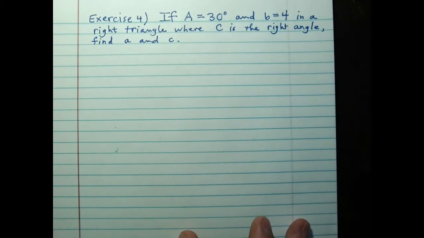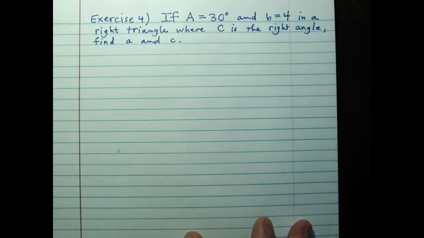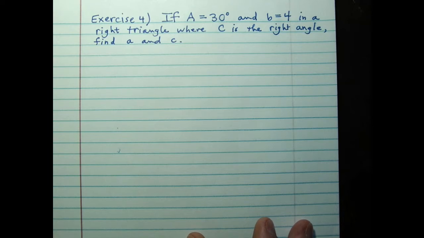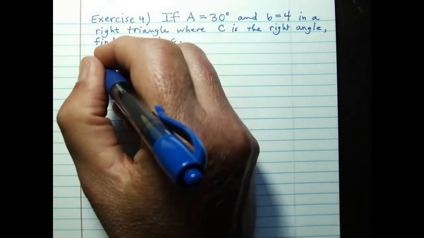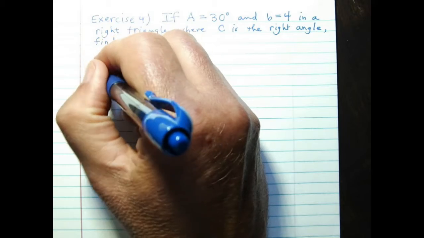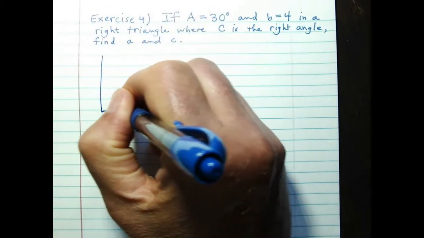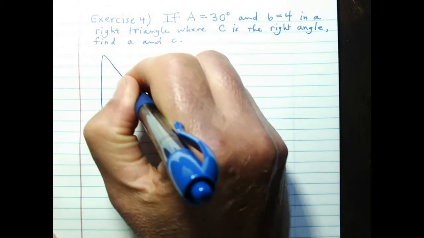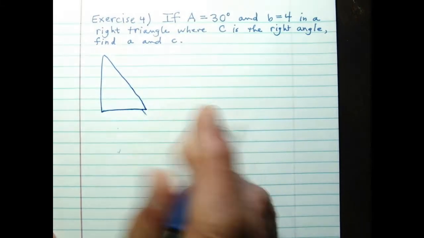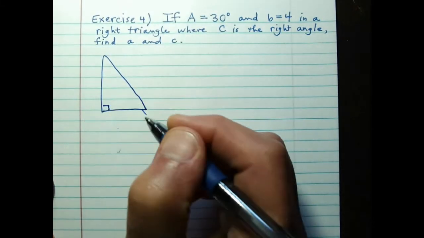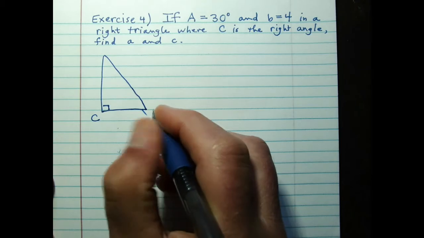So if angle A is 30 degrees and side B is 4 in a right triangle where C is a right angle, find the sides little a and little c. So let's try to draw a picture here. I'm going to draw a right triangle. Put the right angle here, so that's where C is.